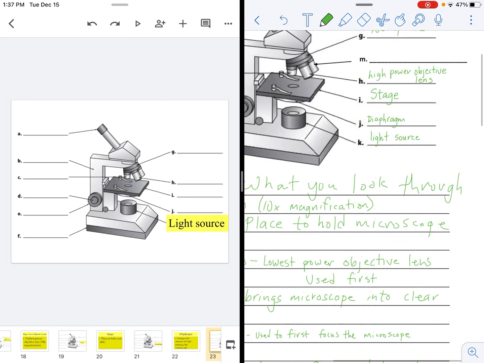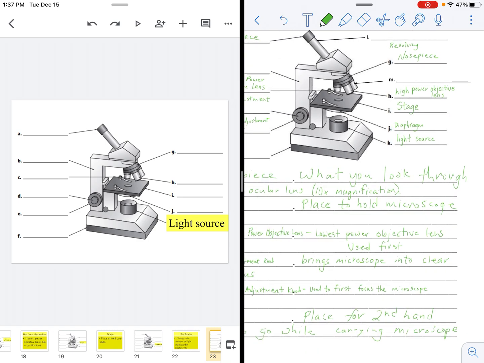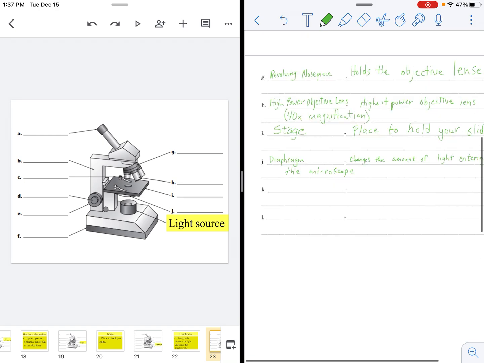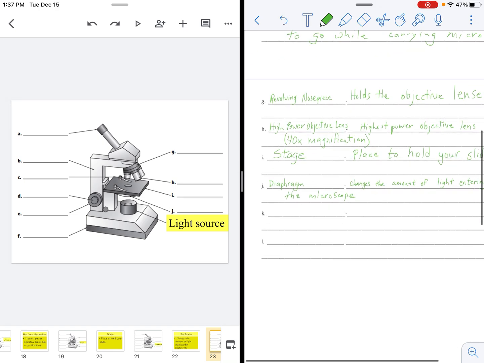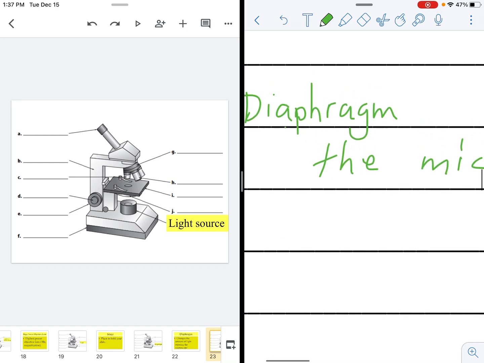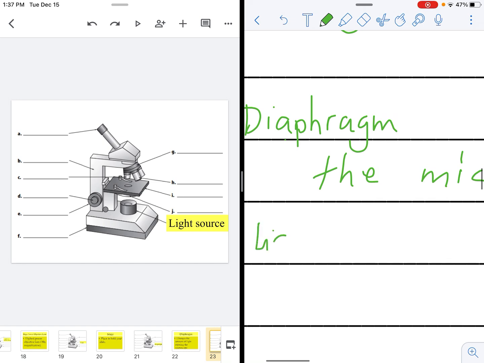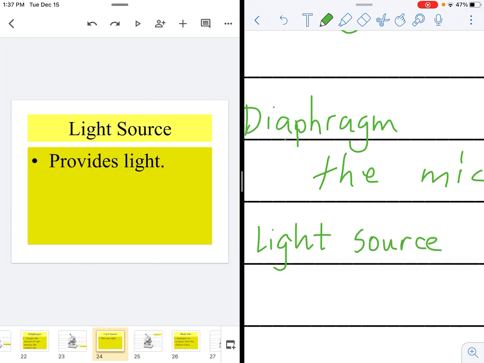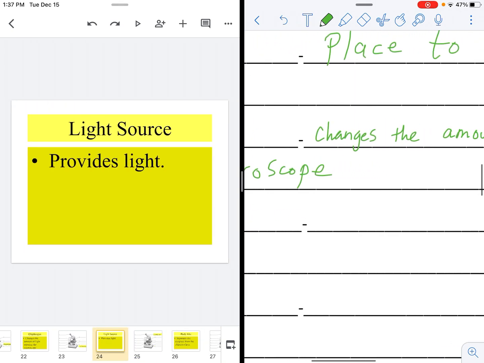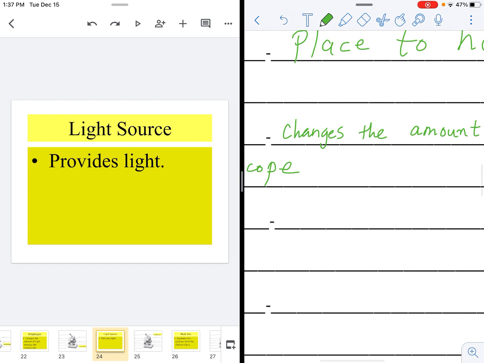Today, though, we've got electricity, and so our microscopes simply use a light bulb. And the function is very simple. It provides light.